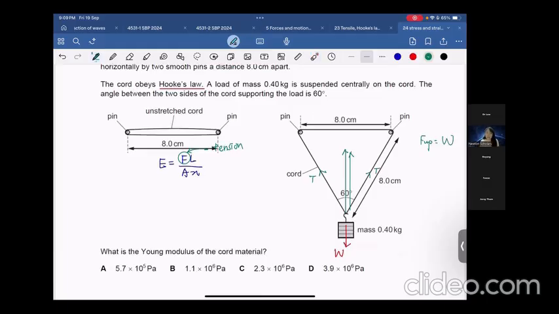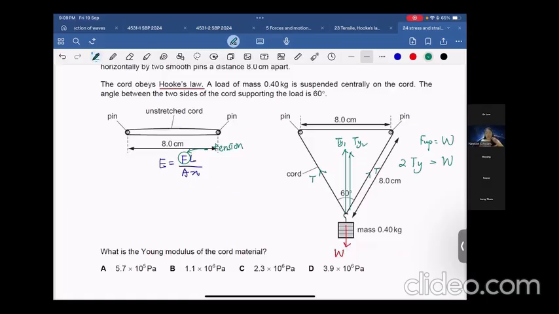How many upward forces? I got 2. One is from the left-hand side, the tension. Another is from the tension on the other side. So I got Ty1 and Ty2, but basically Ty1 and Ty2 are the same. So I can just say that 2Ty equals my weight. T resolved into vertical, so I got 2 upward forces, Ty.